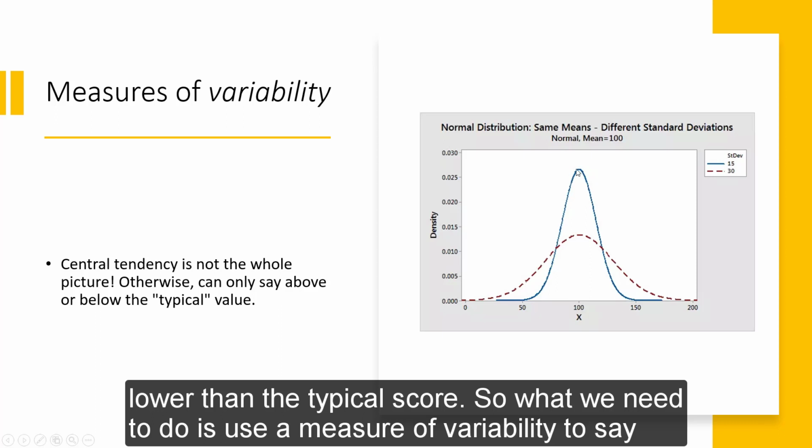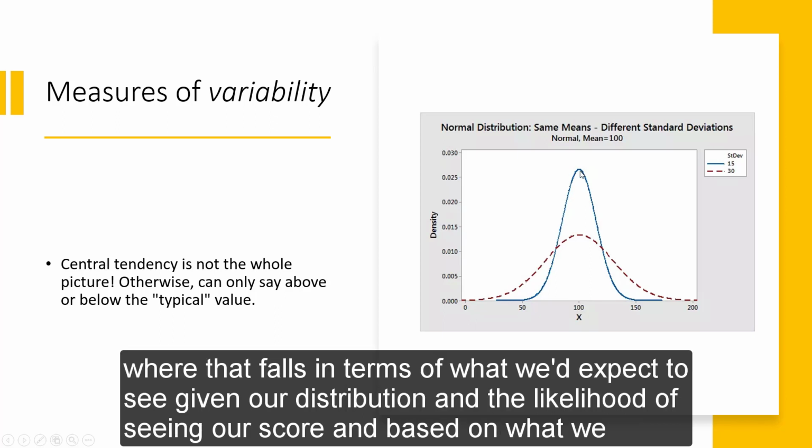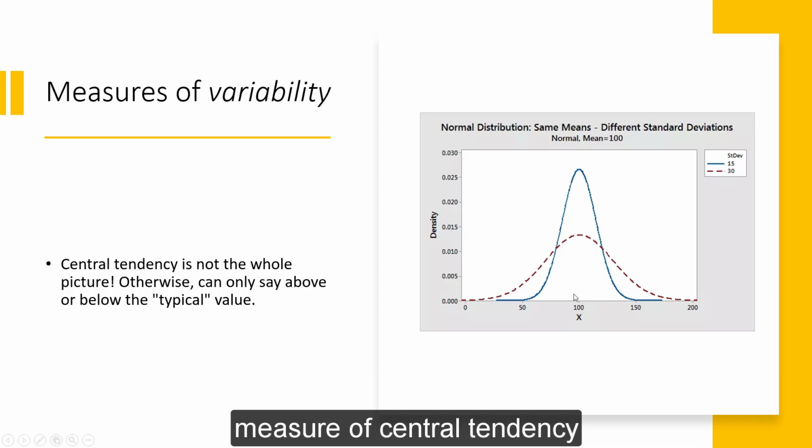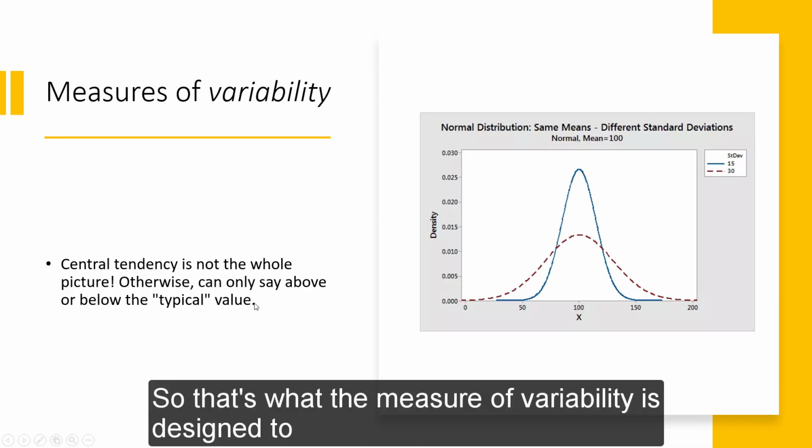So what we need to do is use a measure of variability to say where that falls in terms of what we'd expect to see given our distribution, the likelihood of seeing our score, based on what we know about the spread, the variance of scores around our measure of central tendency. And that's what a measure of variability is designed to do.